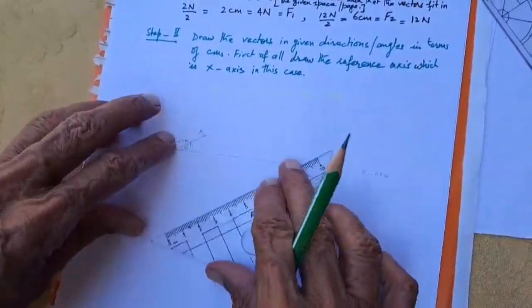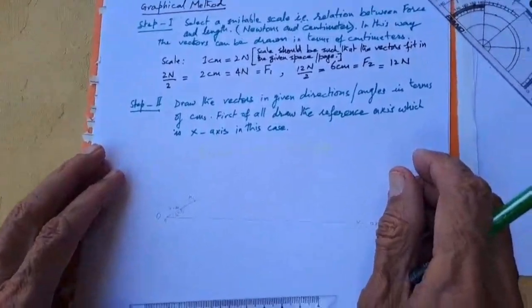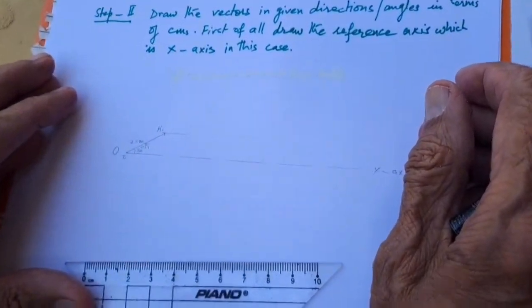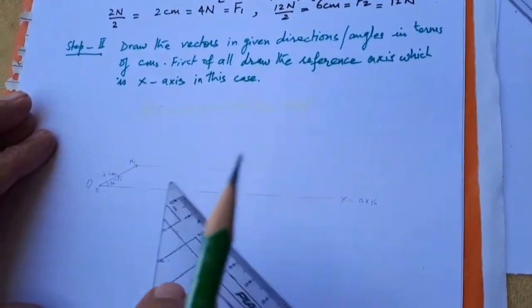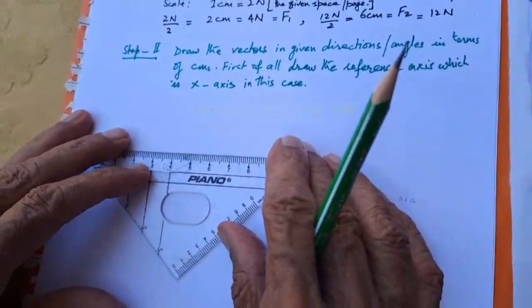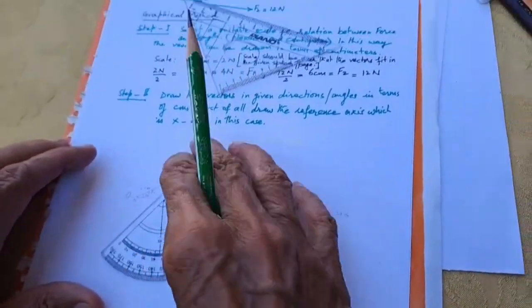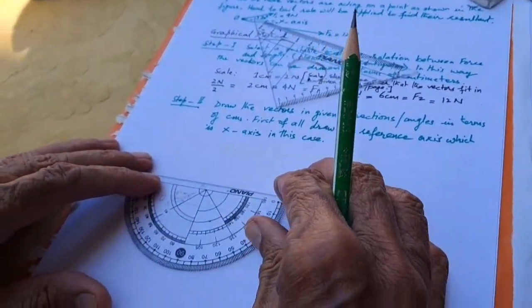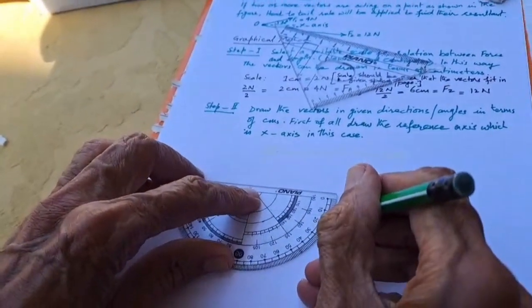They are okay, right. And then when I have to draw the second vector, which is 15 degrees clockwise from the x-axis, I will draw that, and for that I am going to place the origin of the protractor on head 1 and make an angle of 15 degrees.